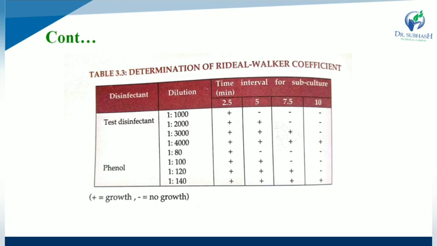First is the test disinfectant and the phenol. For the test disinfectant, the dilutions are 1 in 1000, 1 in 2000, 1 in 3000, and 1 in 4000, with time intervals of 2.5, 5, 7.5 and 10 minutes. If you are using a dilution of 1 in 1000, growth is present at 2.5 minutes, and after that no growth is present.